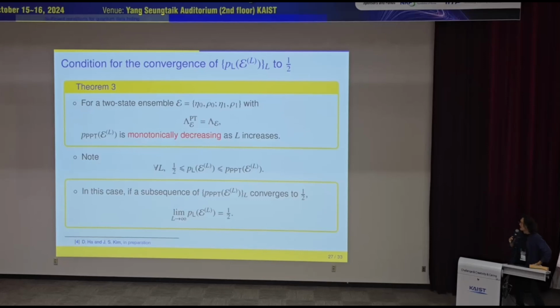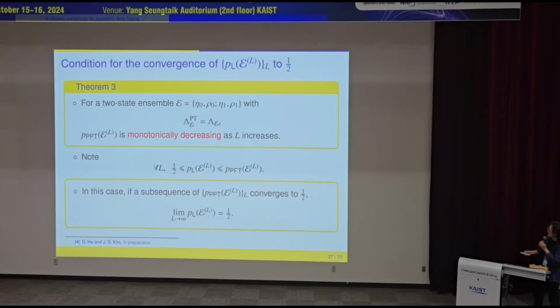And what we could show more is that if we think about P_PPT of epsilon_L, where epsilon_L means the task of guessing the index of the prepared state, then for a state ensemble satisfying this property, this P_PPT of epsilon_L is monotone decreasing with respect to L, the number of iterations of preparation.